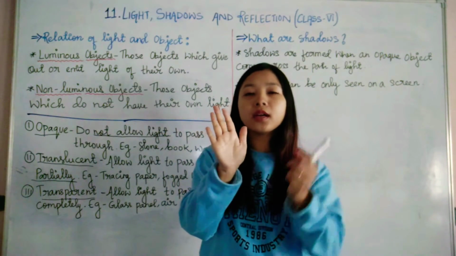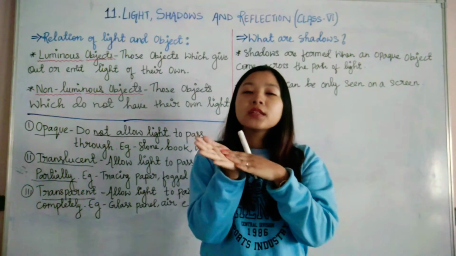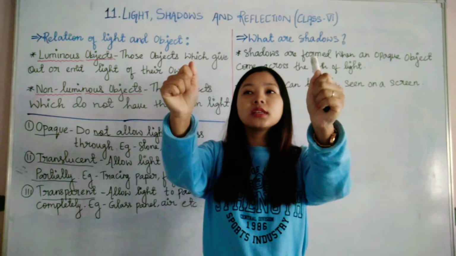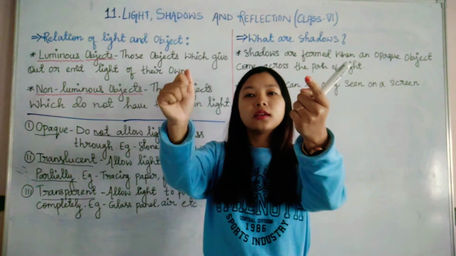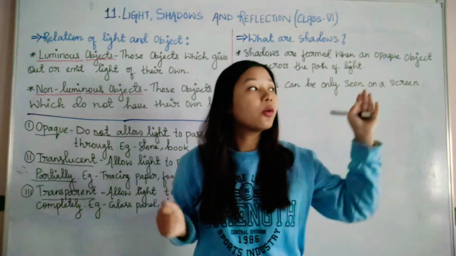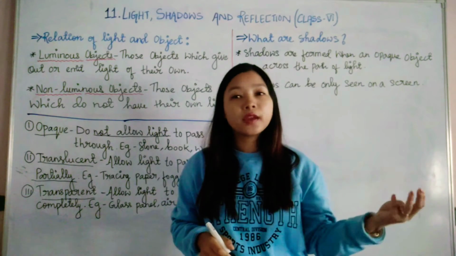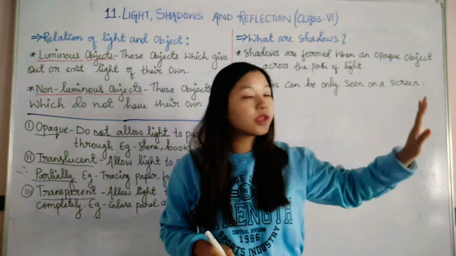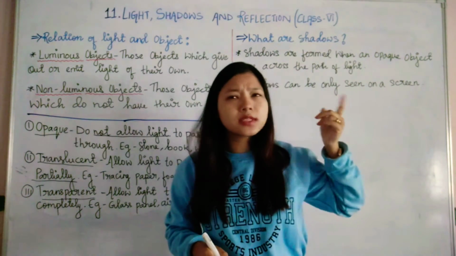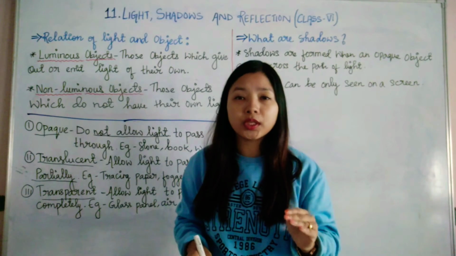You take a paper, put a few drops of oil and spread it, and after some time observe it like this. You will see light, but you will not be able to see clearly through it. Another example is the fogged window. When it is very foggy outside, the window gets fogged up. Then you will be able to see a little through it, but not clearly.